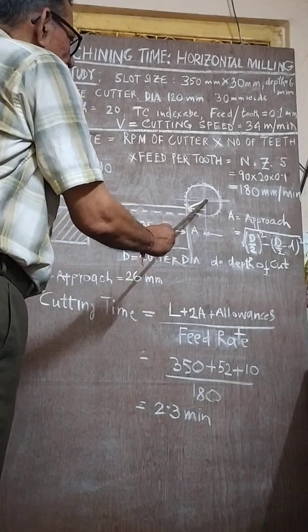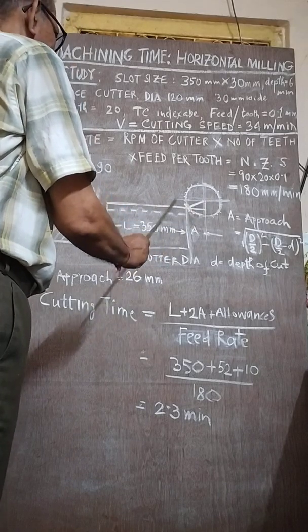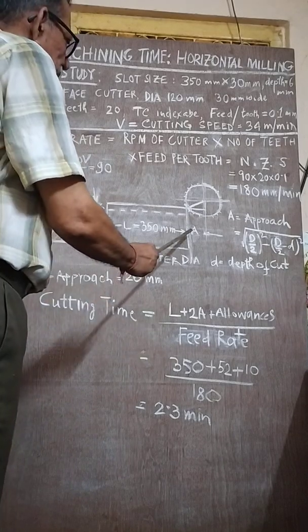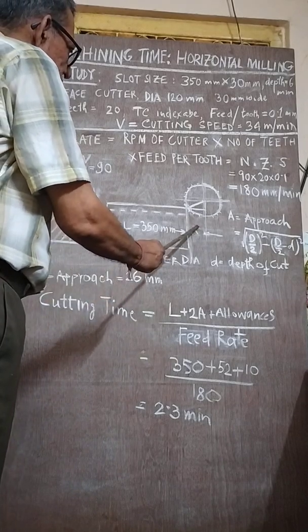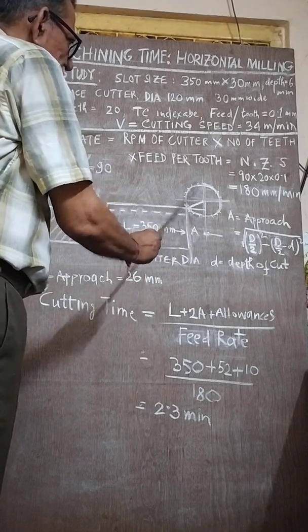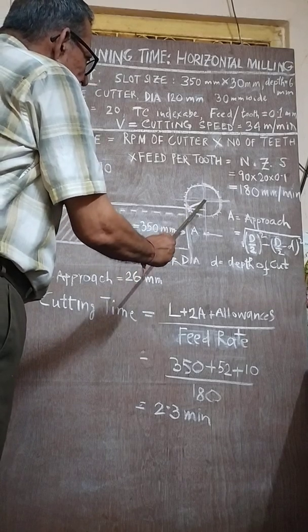The cutter has to start ahead, otherwise the teeth will foul this edge. So it will take an additional length A, the approach, and this has been found out from the geometry here, from this triangle.